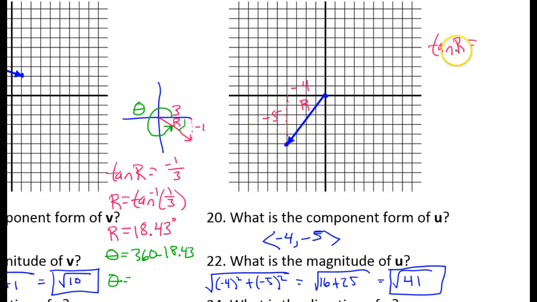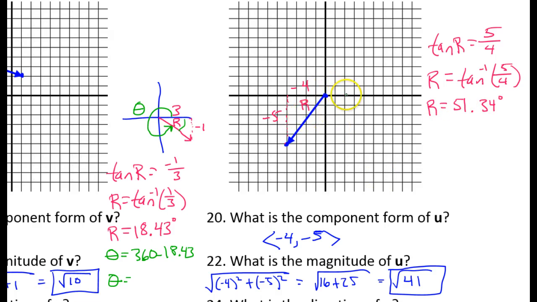So the tangent of this reference angle is going to be opposite over adjacent. So I'm going to put 5 over 4. I'm going to ignore the negative signs because I just want the positive value of this reference angle. So r should equal the inverse tangent of 5 over 4. Put that in your calculator. So the reference angle is 51.34 degrees.